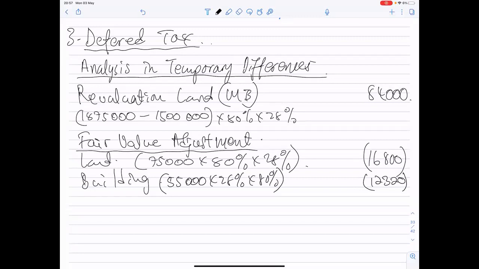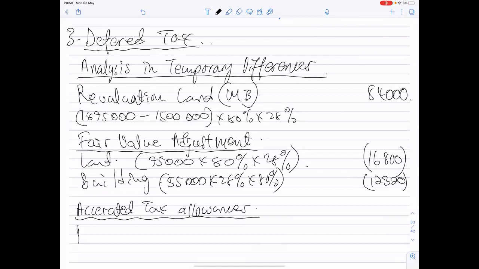Then we have what we call the accelerated tax allowances. These are amounts that are allowed by SARS, but they are different from our carrying amount. So the tax base and the carrying amount is different.